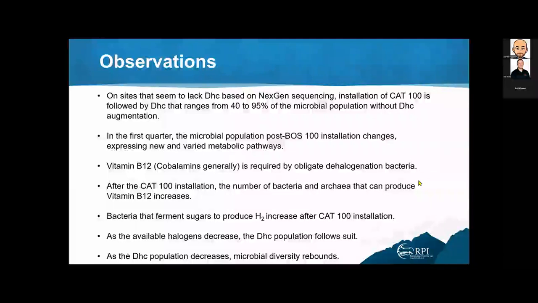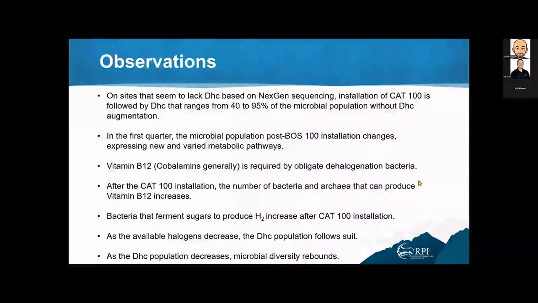So, there are bacteria that could suppress the population, but DHC is such a specialized microbe. It's not surprising that it would kind of suppress things going on around it as long as it's getting the vitamins, the B12 and the hydrogen and things like that it needs. It's very small. It's very specialized. It's very dominant.